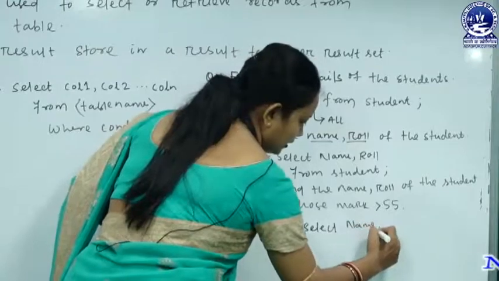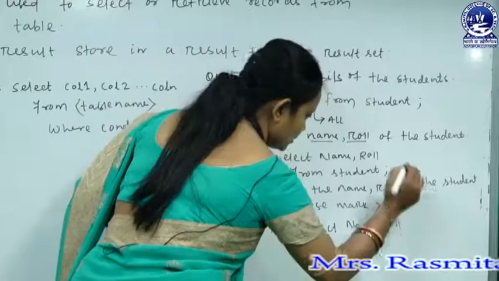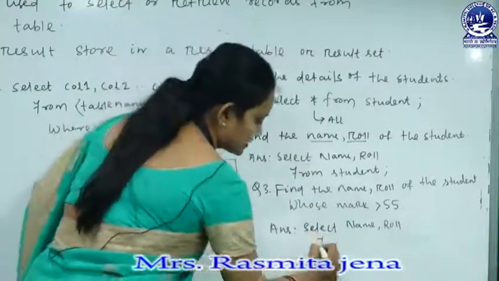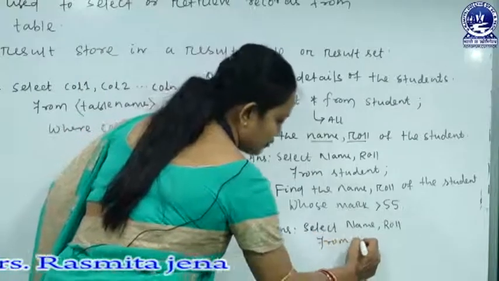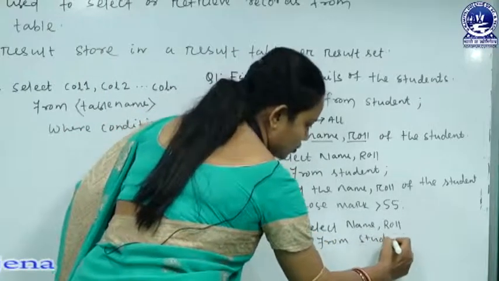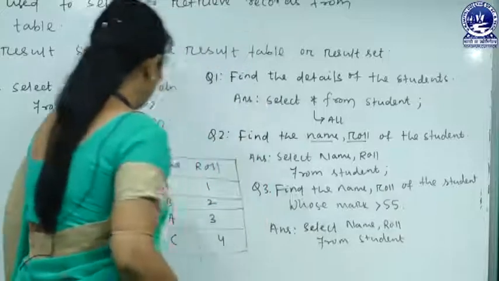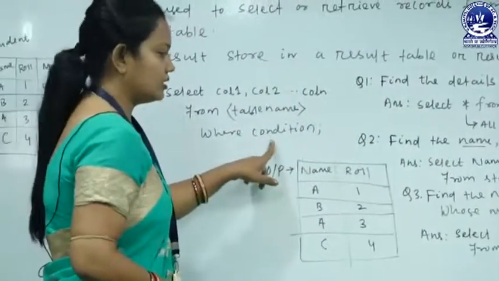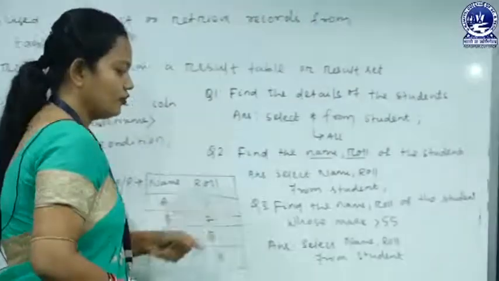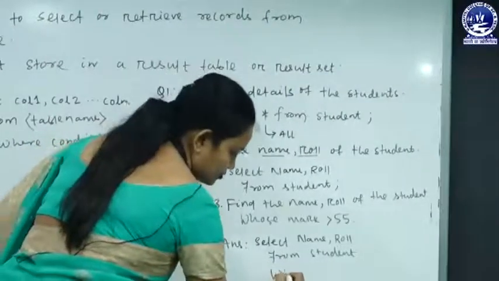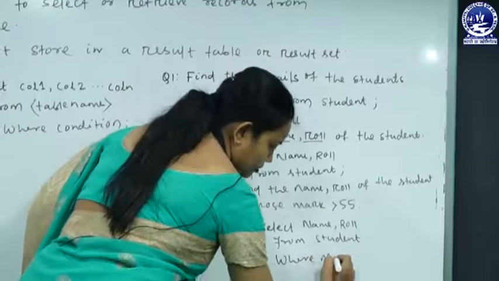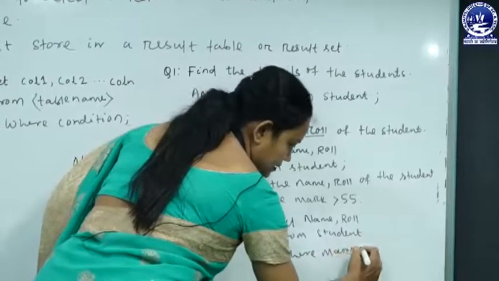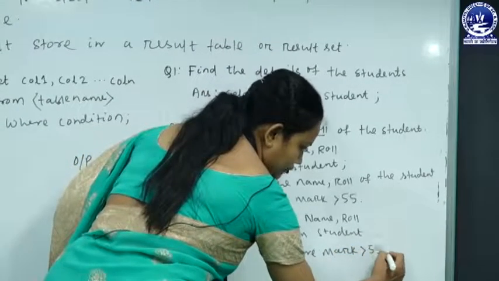We have to display the name and roll of the students whose mark is greater than 55. According to the syntax we must mention a where condition. The condition is where mark is greater than 55.